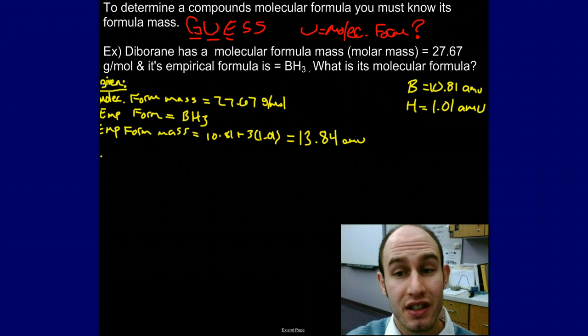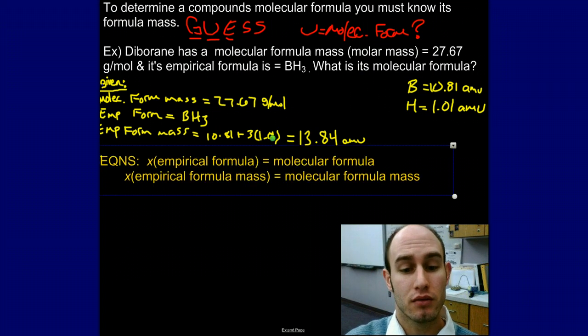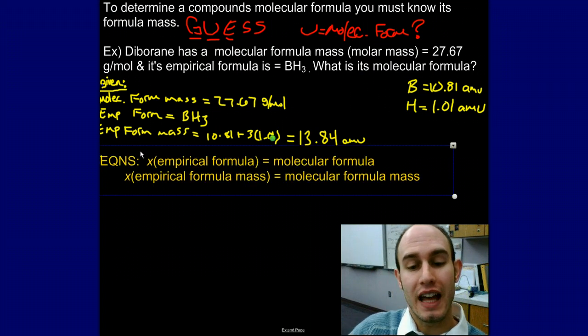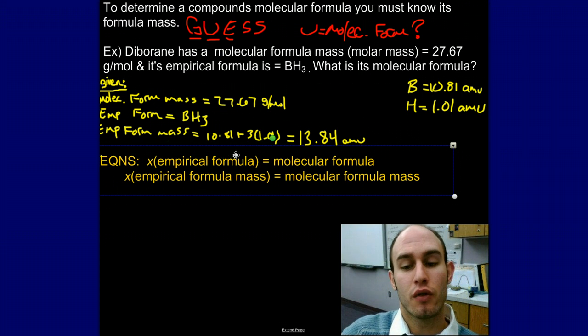What equations do I have to deal with? On the previous slide, we just gave you these two equations. The empirical formula times x equals the molecular formula, and right here is the same equation, but all I'm using is mass. That's the only change there.